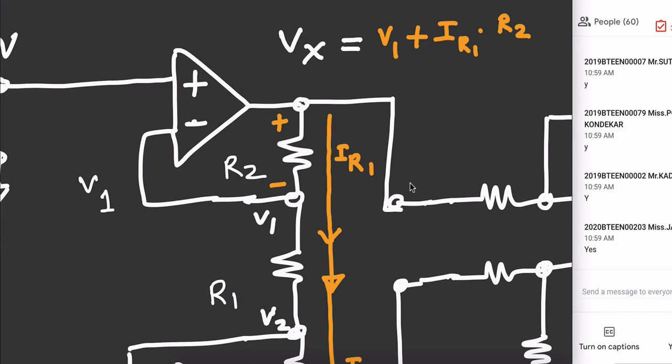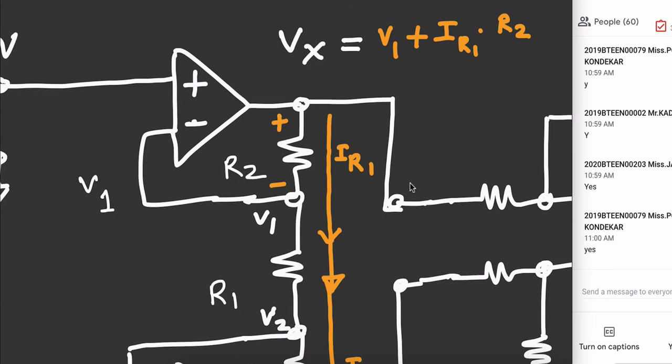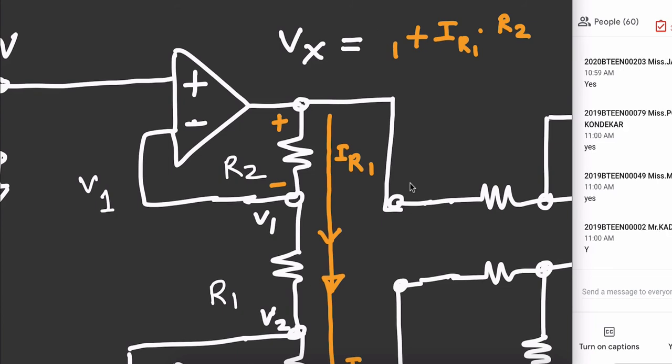Is this correct? Yes. So let us simplify this further. V1 plus IR1, what is it? V1 minus V2 divided by R1, into R2.